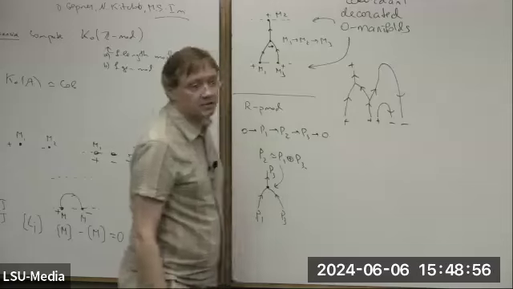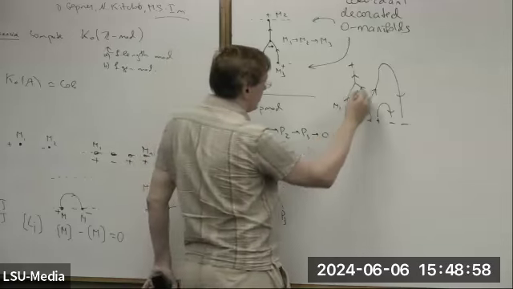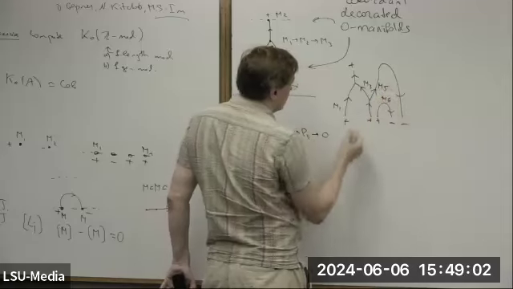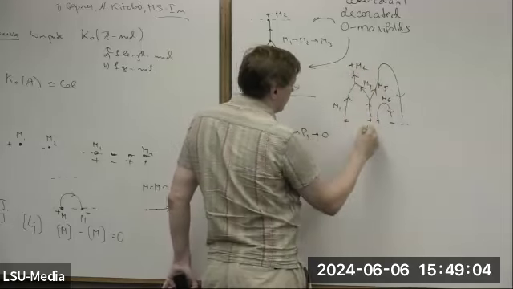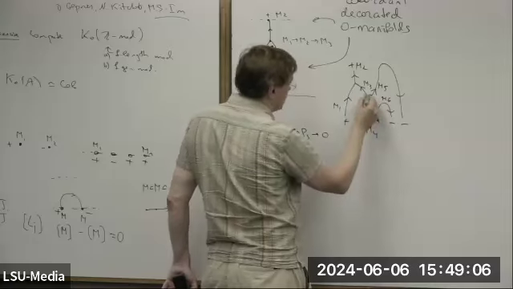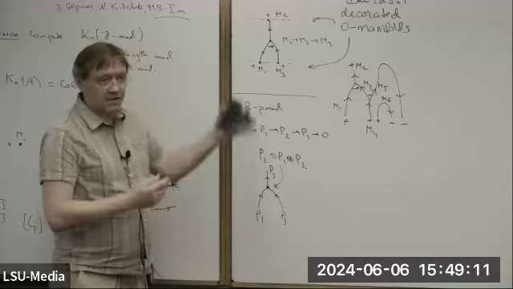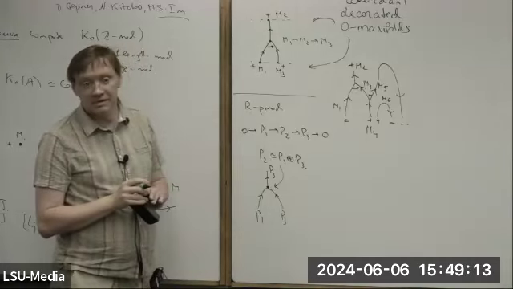You can decorate by various M1, M3, M5, M6, and this would be M2 and M4, and you have short exact sequences. This is just an example of a more complicated cobordism.